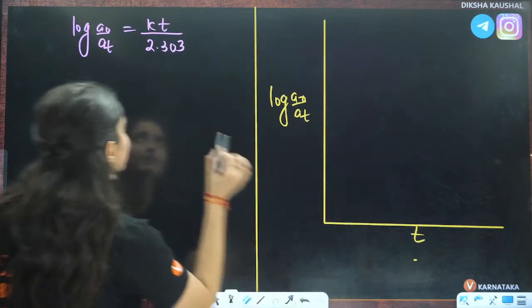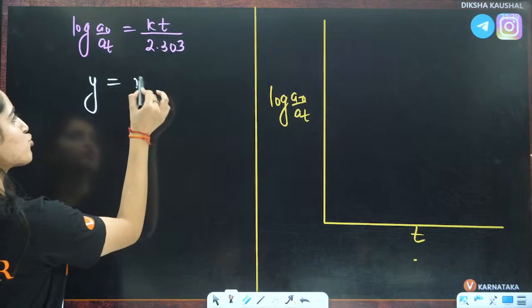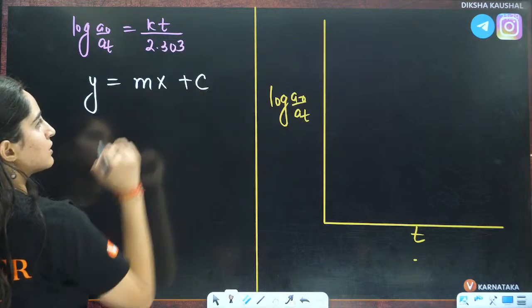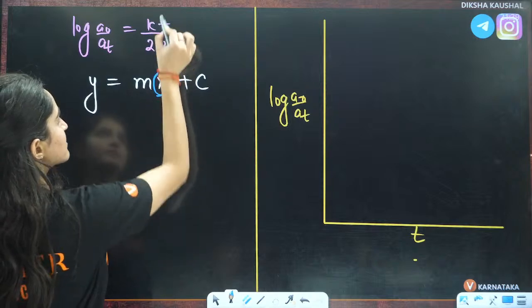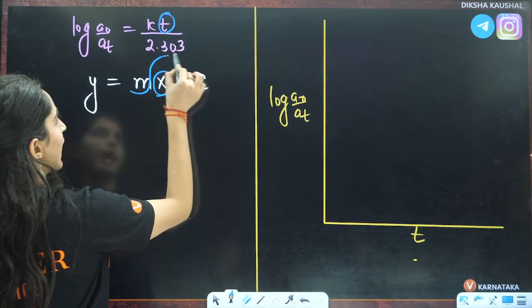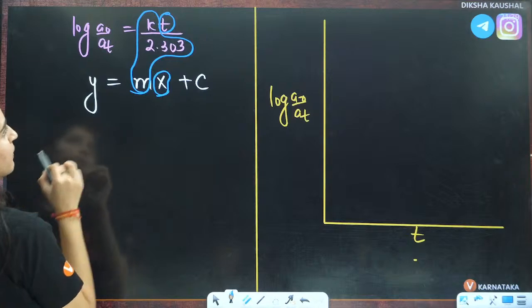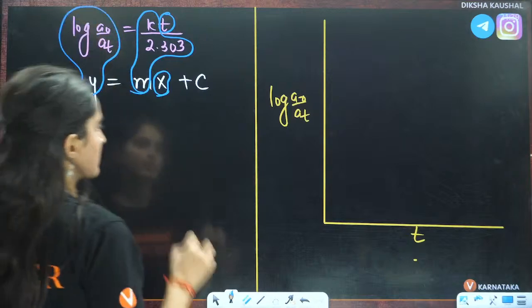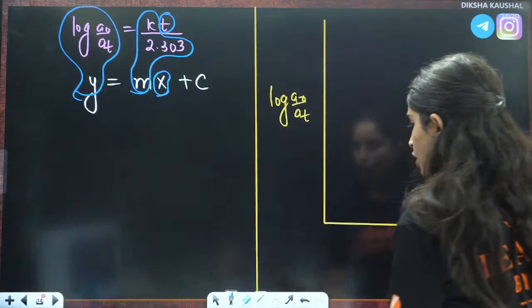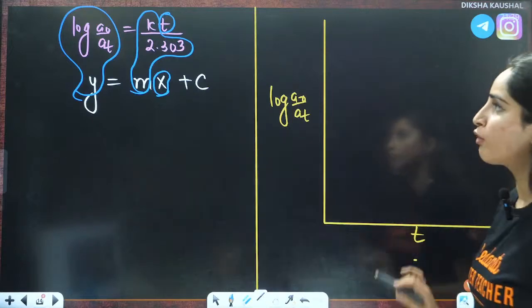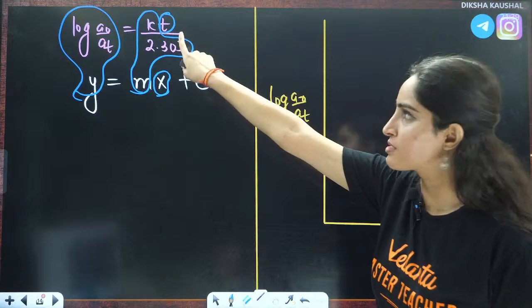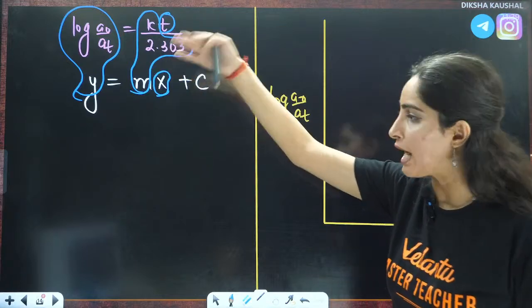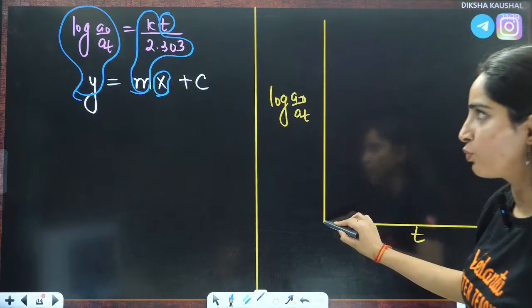We will compare this with y equals mx plus c. Here this is x, so this whole thing will become m, and y is this thing. Here there is nothing added, just mx plus nothing. So that means the intercept is 0.